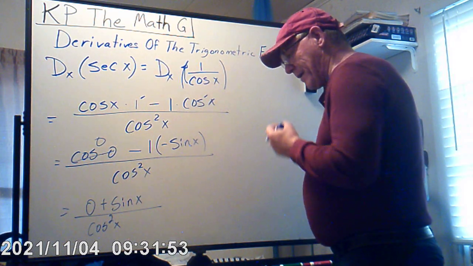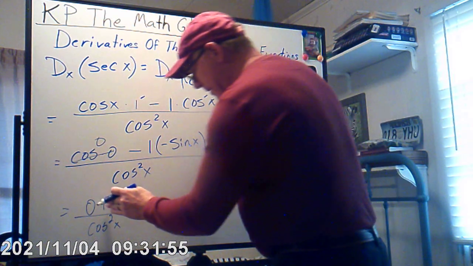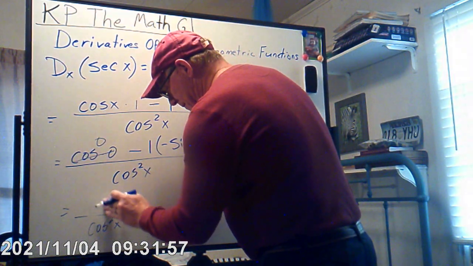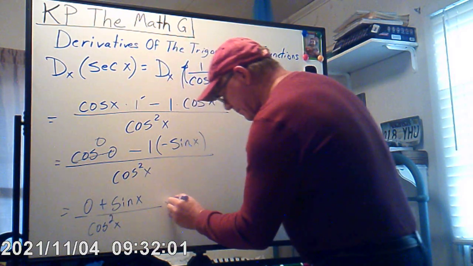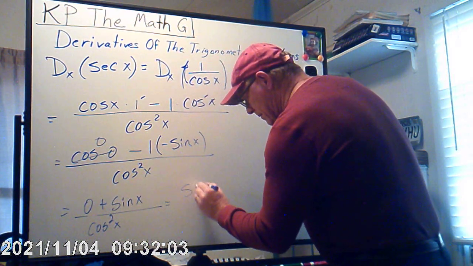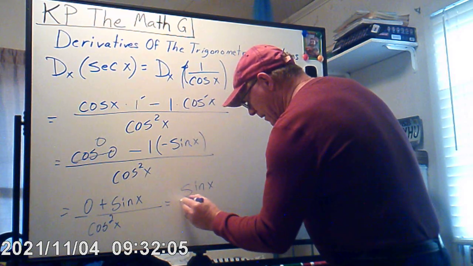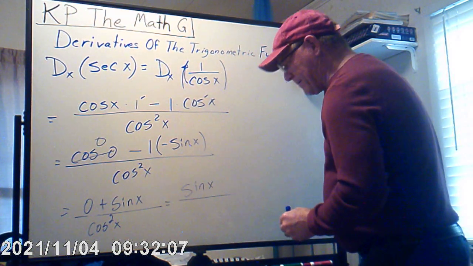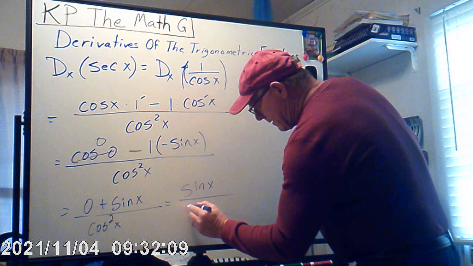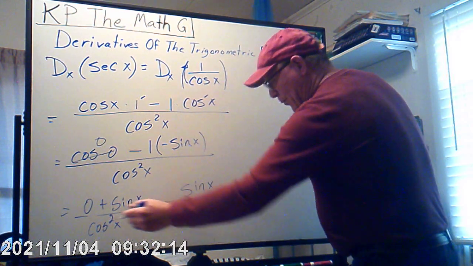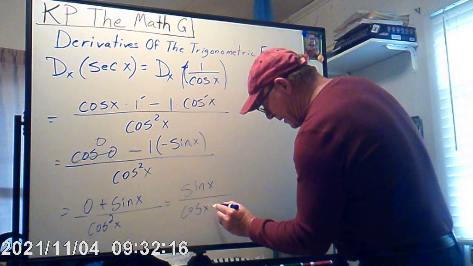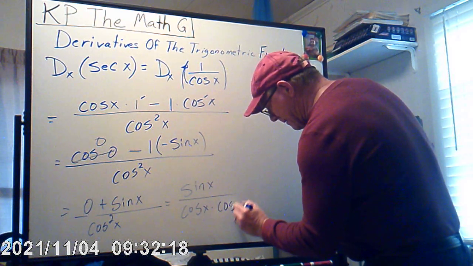And what we can do here, let's just go ahead and erase the 0. And I'm going to do something here. Cosine squared is just cosine x times cosine x, is it not?